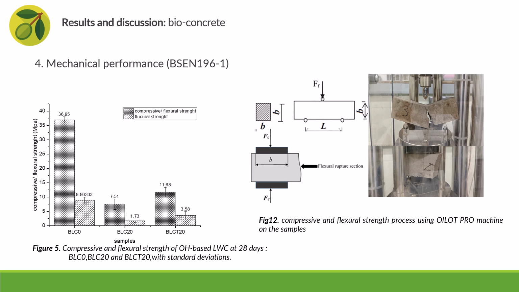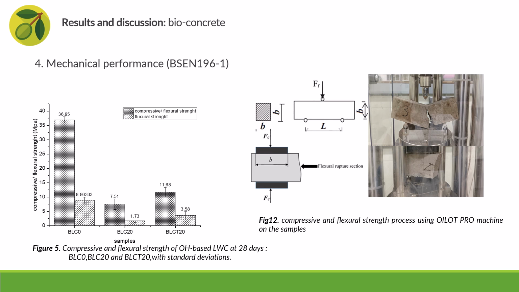In contrast, though, the treated husk concrete performed better, with the compressive strength increasing to about 11.7 megapascal and flexural strength to 3.6 megapascal. The removal of oil residues during treatment improved the bonding with the cement paste, resulting in more robust composites.